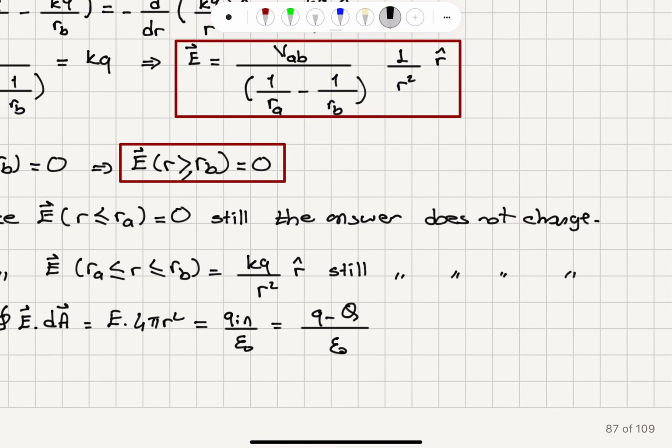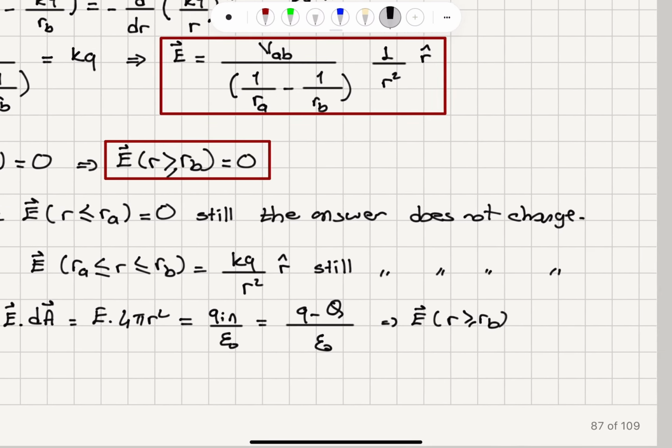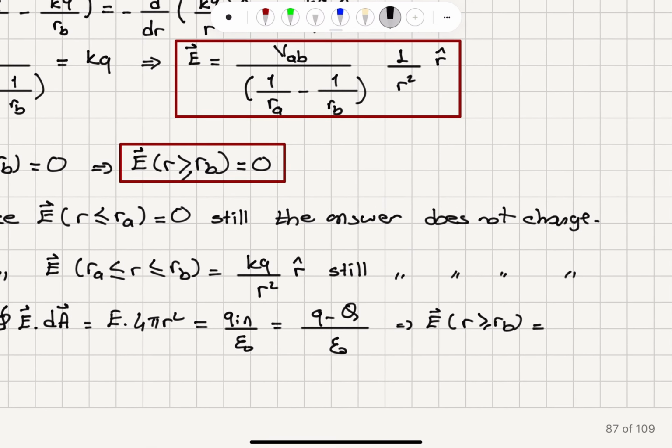So this tells me that the electric field for R greater than or equal to R sub B will be Coulomb's constant K, Q minus capital Q, divided by R squared in the R hat direction. So I have found that the electric field in this region changes.